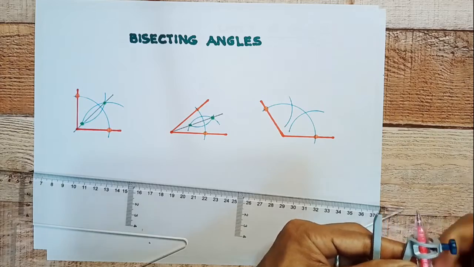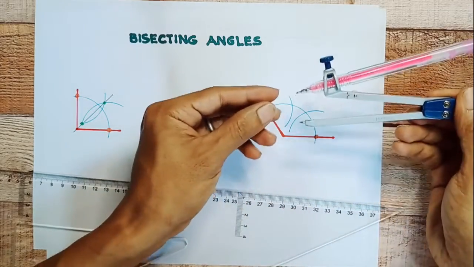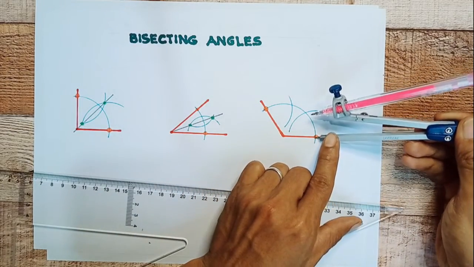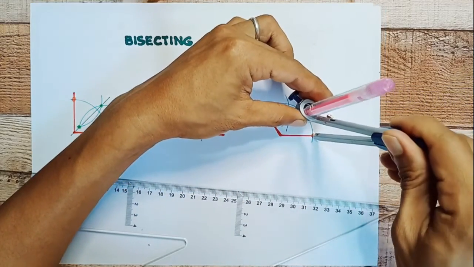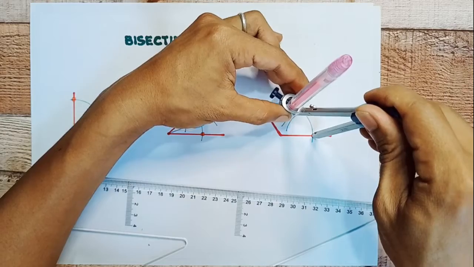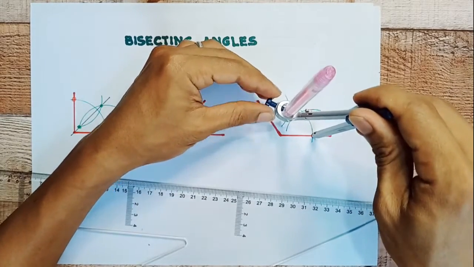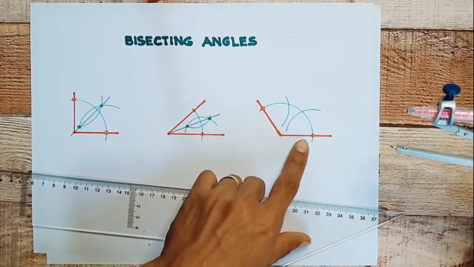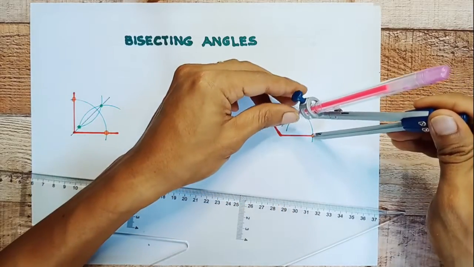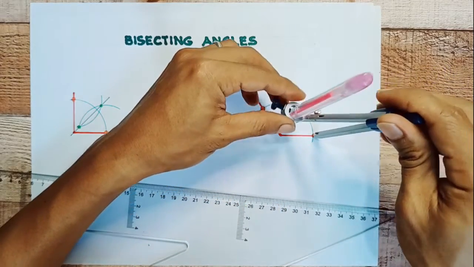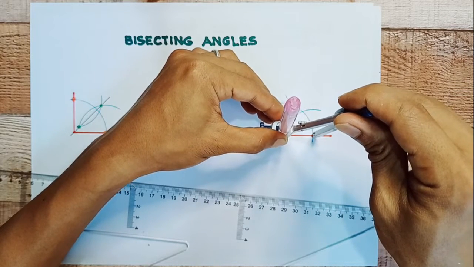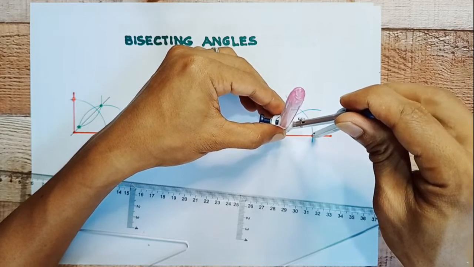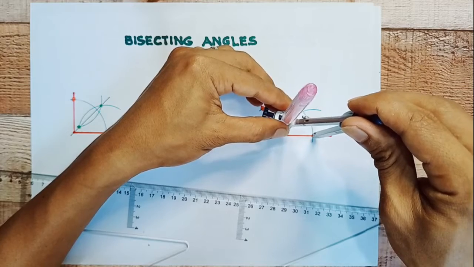There. So make sure that when we draw an arc, it should be over there. It should be more than half of the distance there. Let's have it probably there.